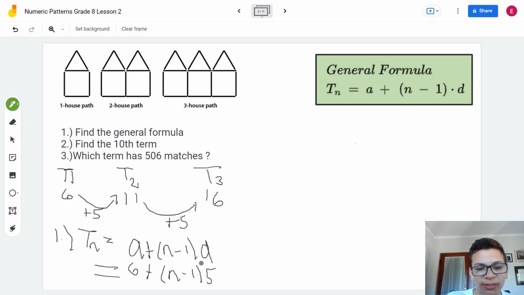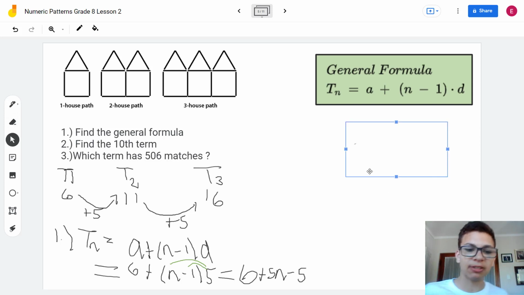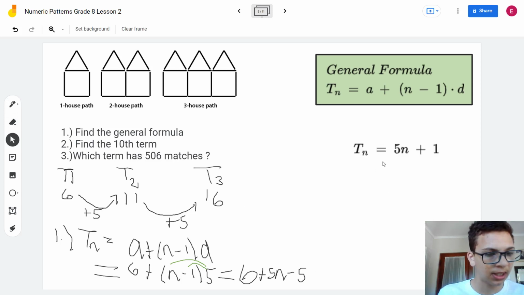And you get 6 plus 5n minus 5, which equals 6 plus 5n minus 5. So as you can see, the formula will turn out to be Tn equals 5n plus 1.